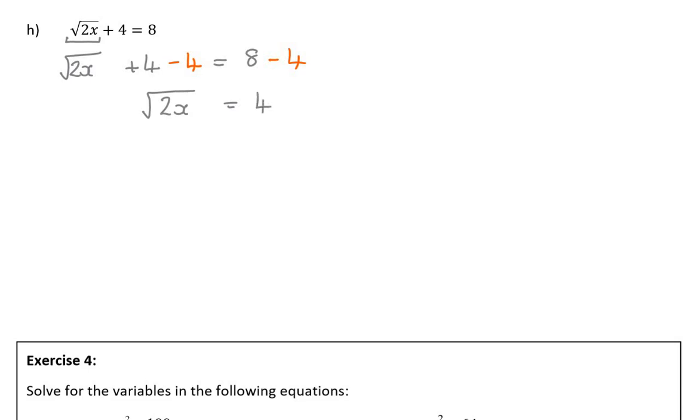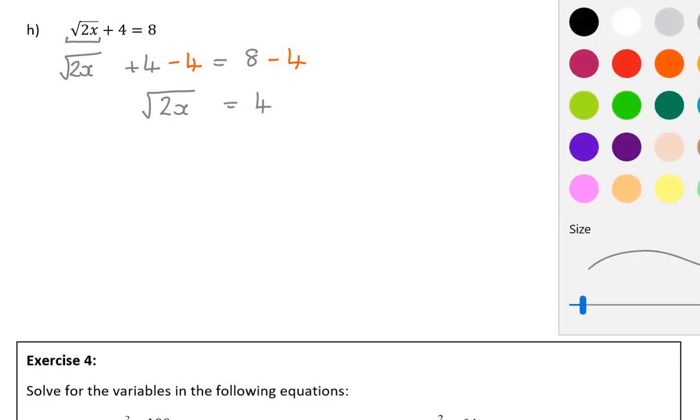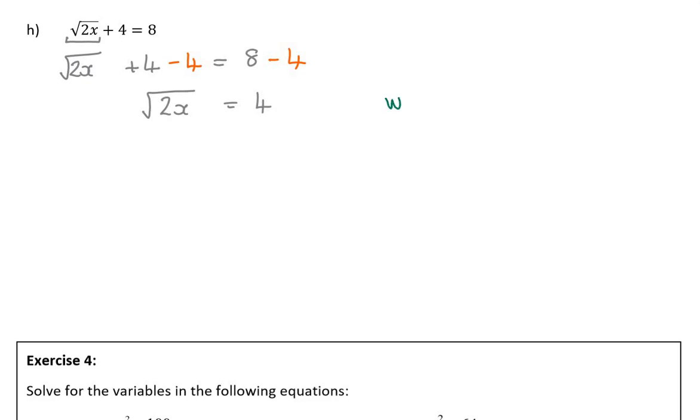Okay, now there's multiple ways to do this. The first way is to think to yourself, what would I square root to get 4? Hopefully you know that. You would need to square root 16 to give you 4.